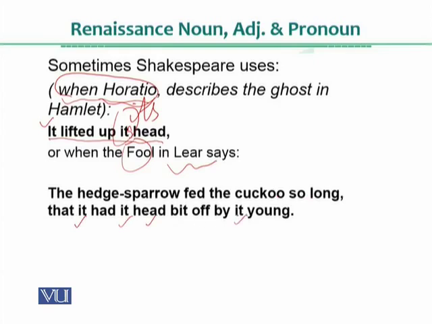What you need to notice is that the first it, that it had, is all right. But this should be its: that it had its head bit off by its young. Both of these are possessive neuters, its, that are otherwise written just as it by Shakespeare.